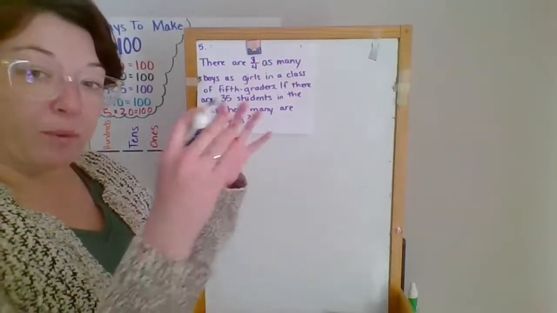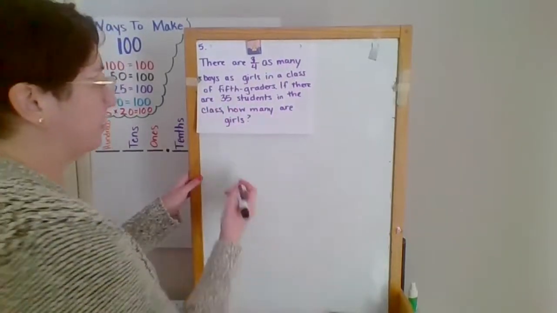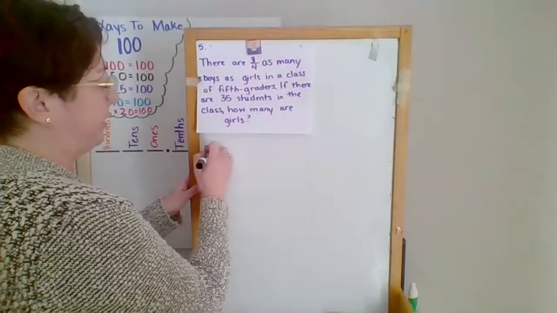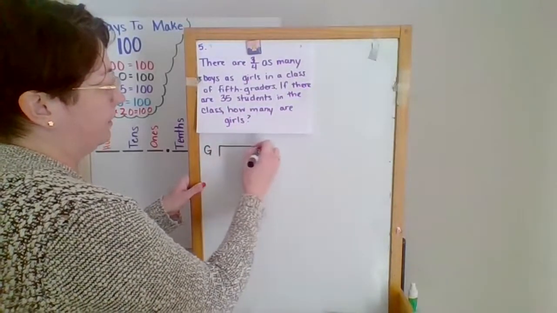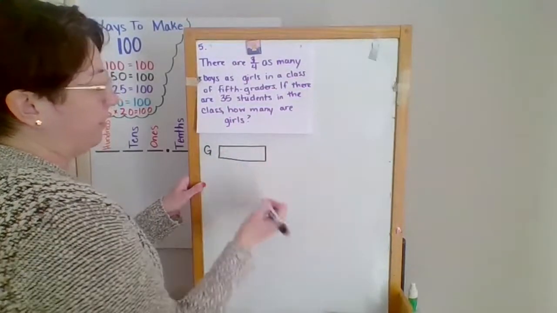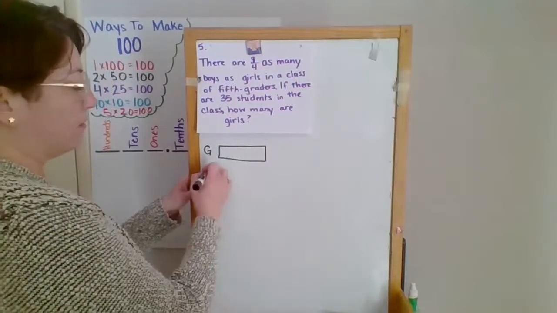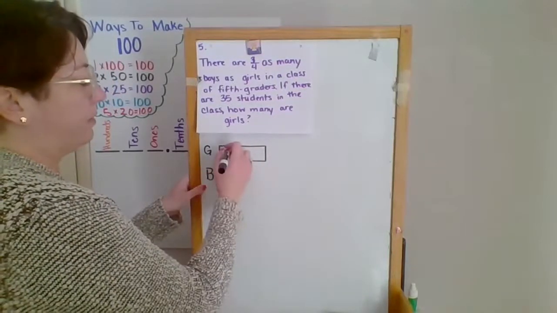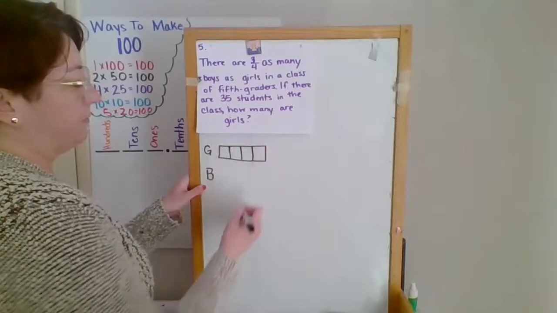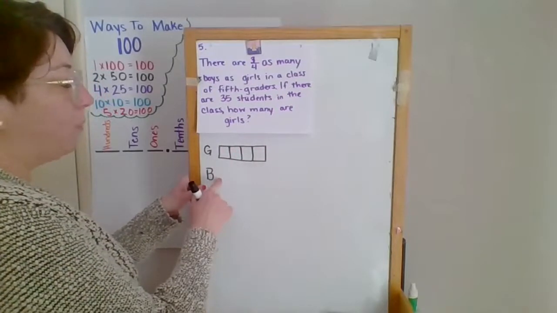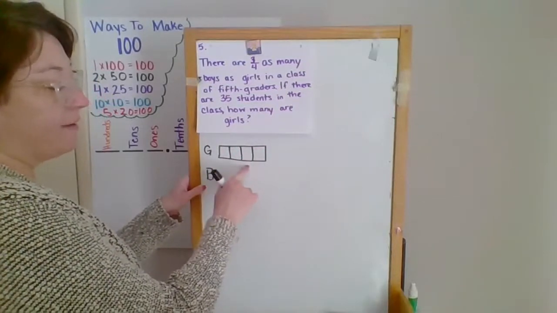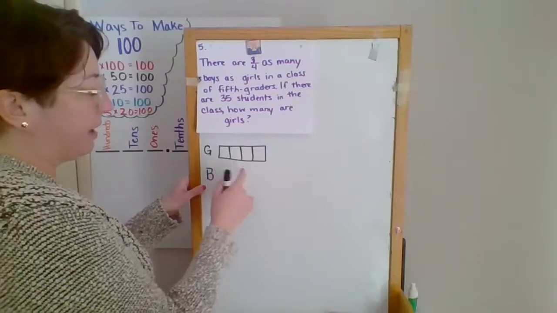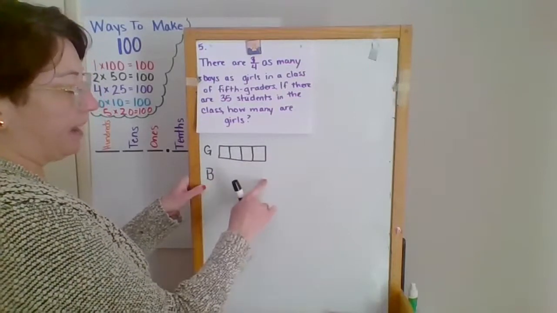We're going to represent the boys and the girls with tape diagrams. Okay, so I'm going to represent girls first. And we're talking about fourths. So I'm going to split this into fourths. The boys only have 3/4 as many. So I'm not going to make this tape diagram as long.